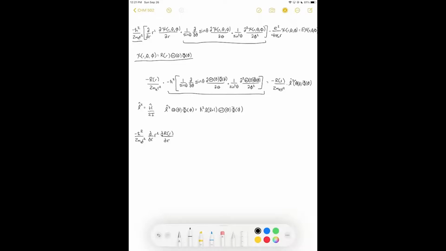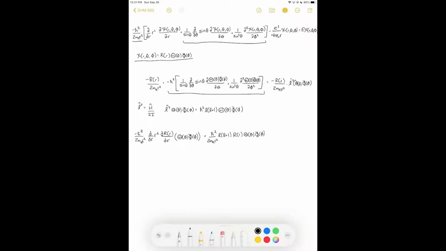And of course, we also have, that is not being operated on by this operator, our function of theta and our function of phi. And then in the second term, we return plus h bar squared over 2m_e r squared times L times L plus 1. And then we have our function of R, our function of theta, and our function of phi.